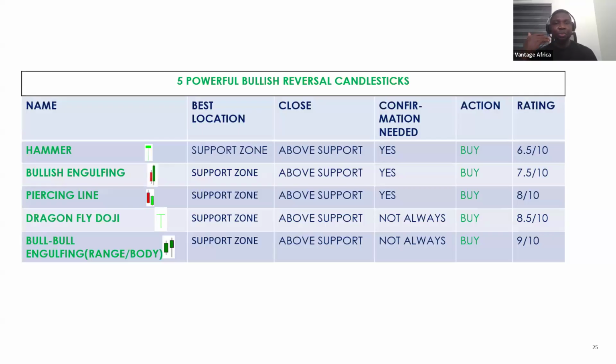Now, if price hits a support zone and you're looking to buy, what confirmations are you going to get? We call it confirmations because you need like 2 or 3 strike points. You need to be able to look at 1, 2, 3 things telling you the same thing that you're already expecting.